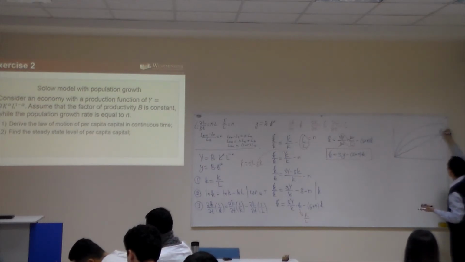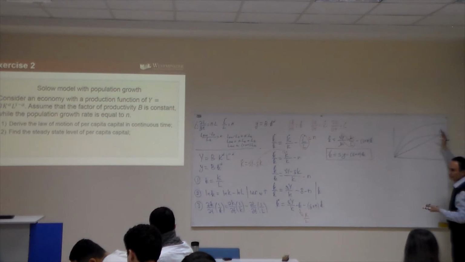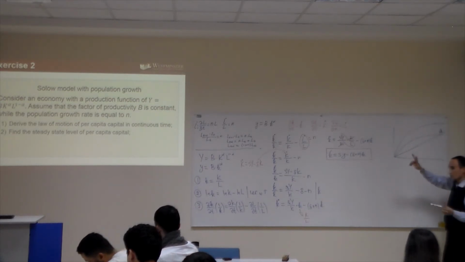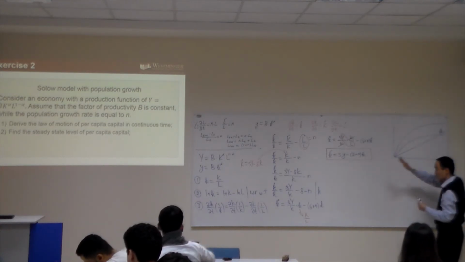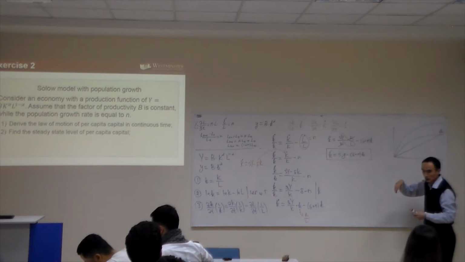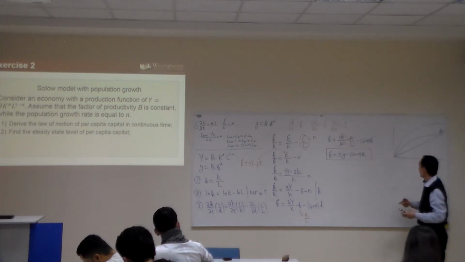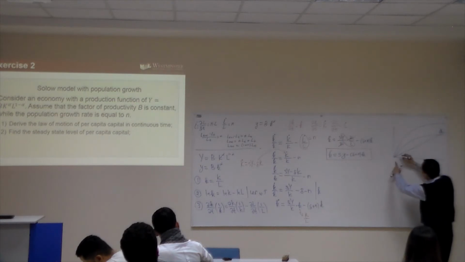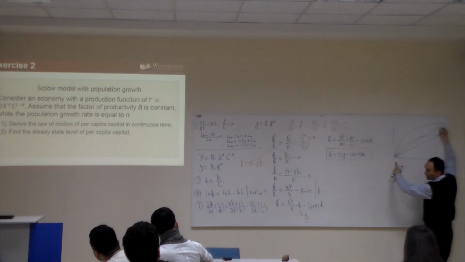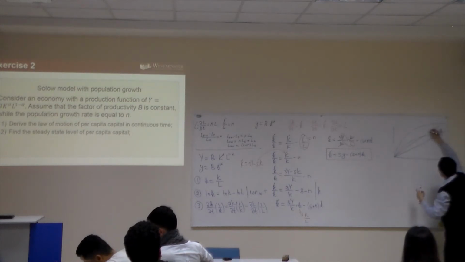Okay? Population growth is not there. So it's this one. But now we are considering, let's suppose, two economies. In one, population is not growing, right? Function, everything is same. But in the second economy, population is growing. If population grows, okay, then this depreciation line is going to be steeper like this. Okay? So which will include the depreciation plus growth in population times K.